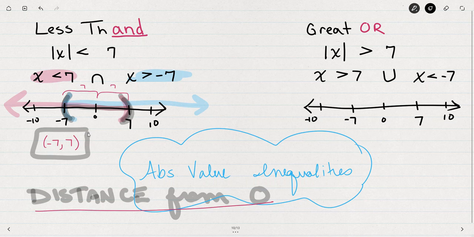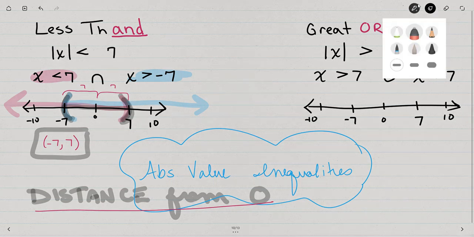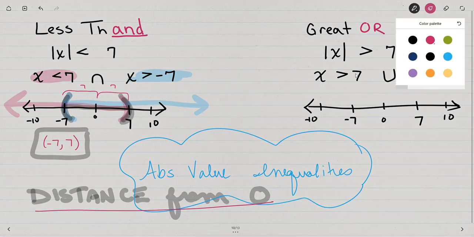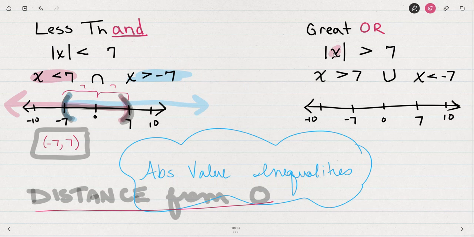Let's look at greater. When we see greater, think "or." So this is the absolute value of x greater than 7. That's all the x's that are greater than 7. So we just copy this x, drop the absolute value: x greater than 7, or, the opposite direction, all the x's that are less than the opposite of 7.